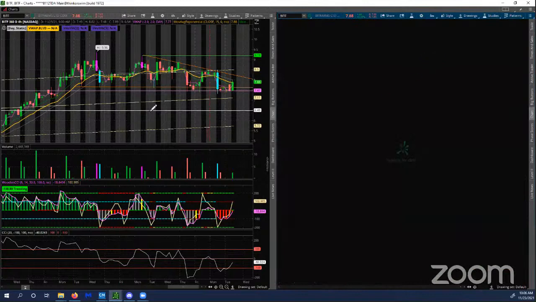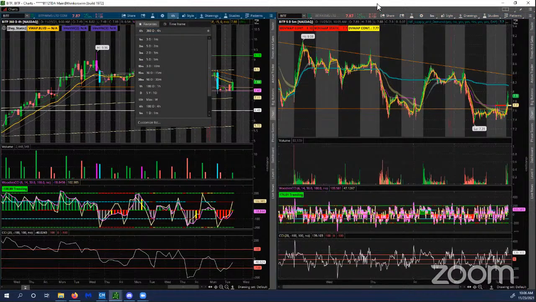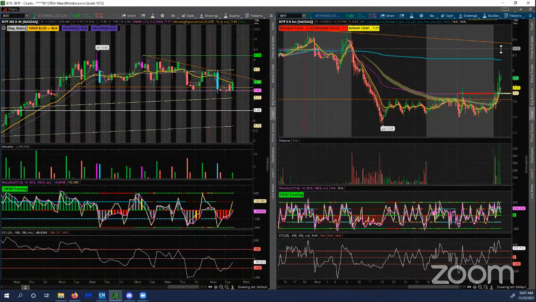This 5-minute chart kind of looks interesting on BITF though. I want to see a better flag form on the 5-minute, but you have kind of a cup and handle starting to develop. That's a bad trend line. Remove it, draw that there, and see if this cup and handle can develop into anything interesting here.